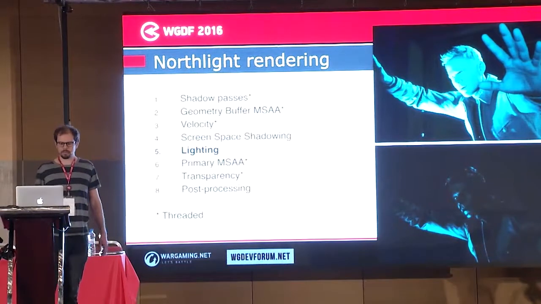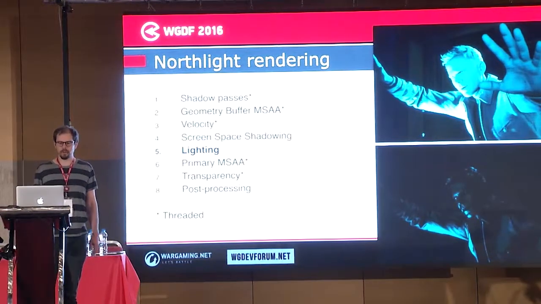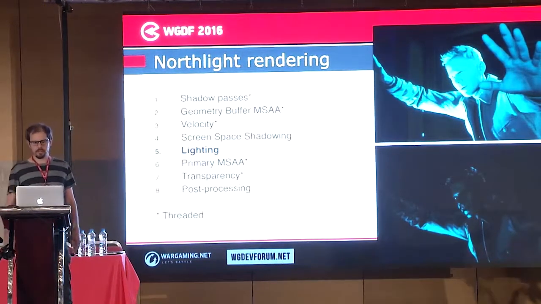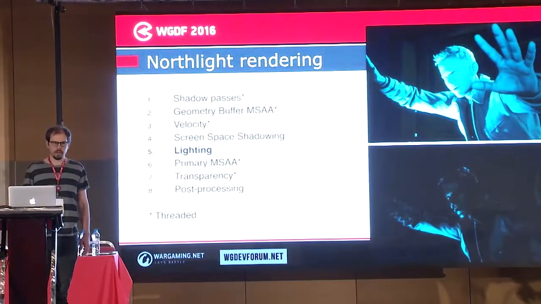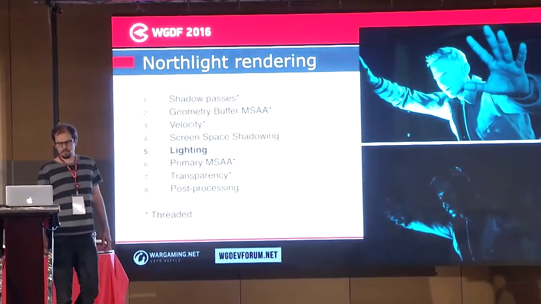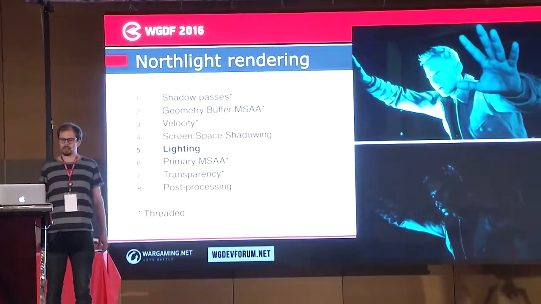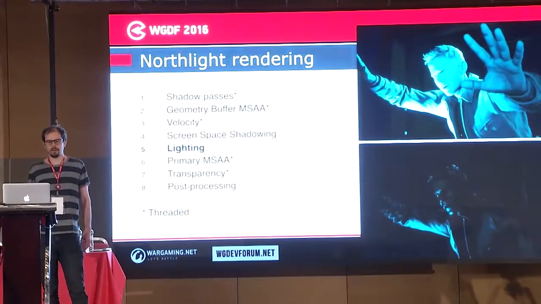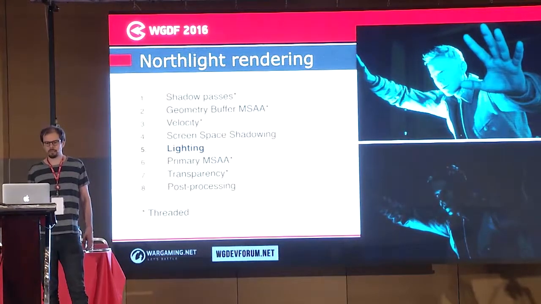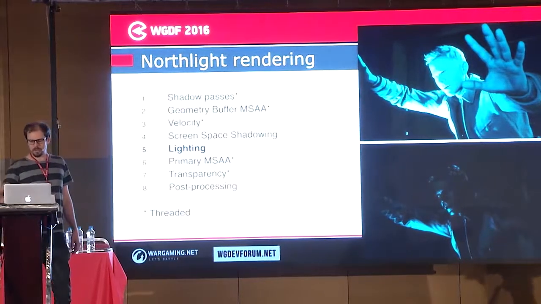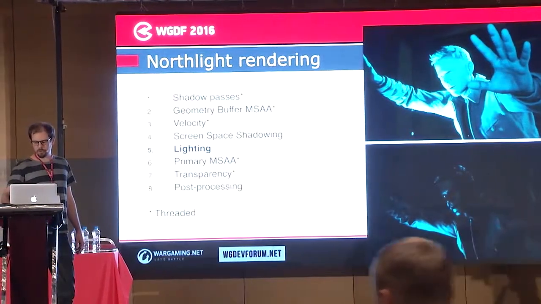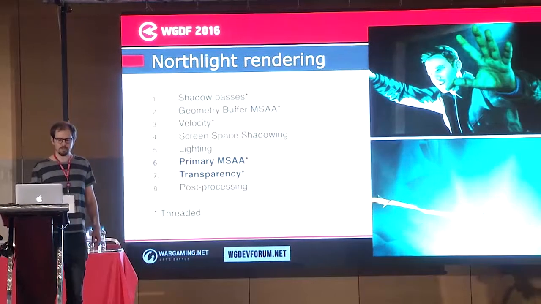Next, lighting. This is your typical directional lighting, and then sampling of pre-calculated global illumination. We use screen space techniques to add detail that's not captured well with the pre-baked data or the shadow maps. As a result, we get consistent lighting on different scales, and it works for static and dynamic geometry.